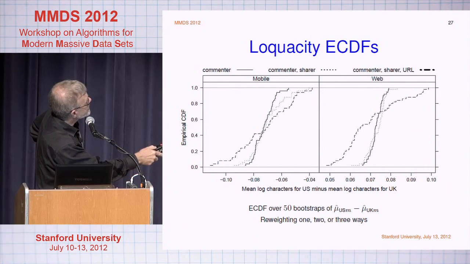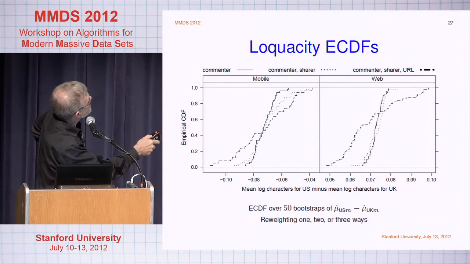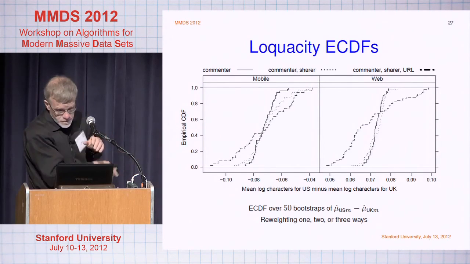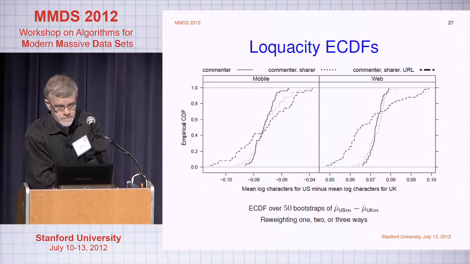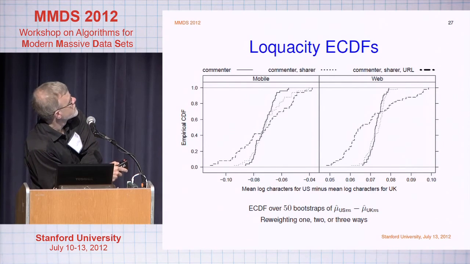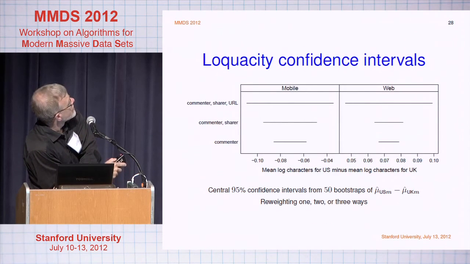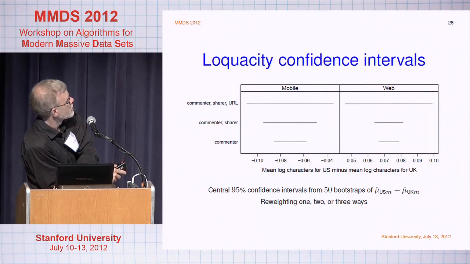This is mean characters for the US minus the UK. So it's negative because the US comments were shorter. But it goes from, say, negative 0.12 to negative 0.05, so it's always negative. That means the sign is at least determined. And here are confidence intervals. They don't overlap 0. Taking account of all the uncertainties, you get wider confidence intervals, but wider ones that you can now trust.